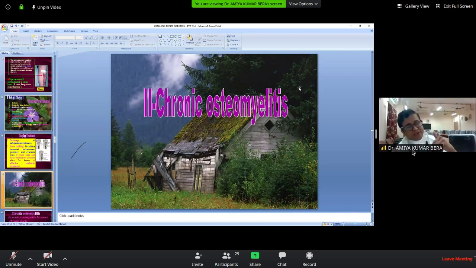The capsule is attached anteriorly in the intertrochanteric region. Posteriorly, it is just a bit proximal to that. However, the capital femoral epiphysis is intracapsular. So a larger portion of the metaphysis is intracapsular. So in that case, whenever there is acute osteomyelitis, there is also septic arthritis.